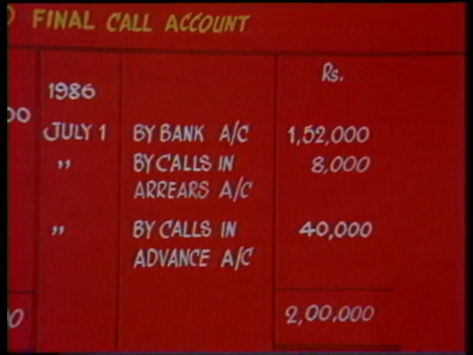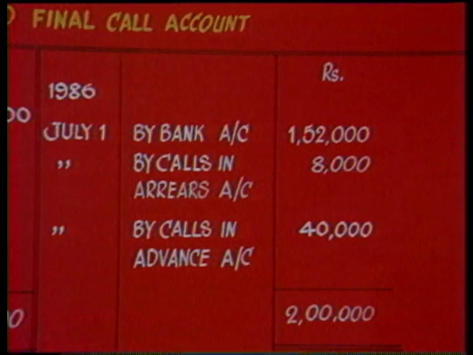There were calls in arrears because on 2,000 shares at the rate of 4 rupees per share, we had not received the money. And the money that was received in advance earlier, along with the allotment money on 10,000 shares, is 40,000 rupees.